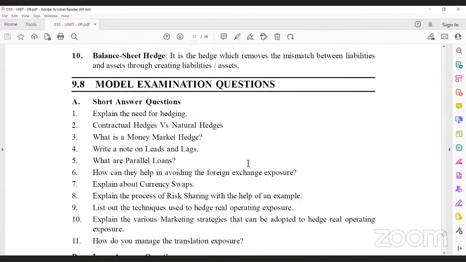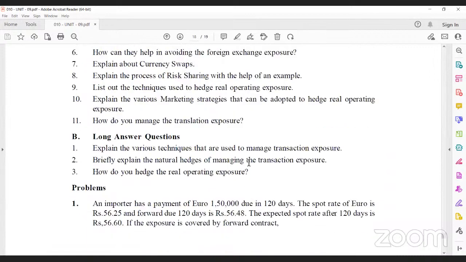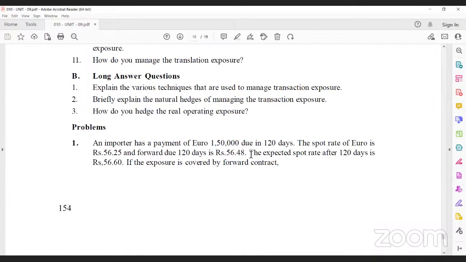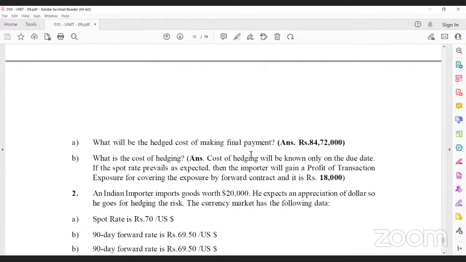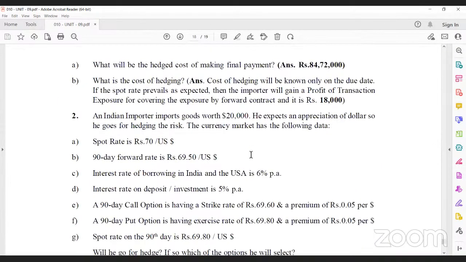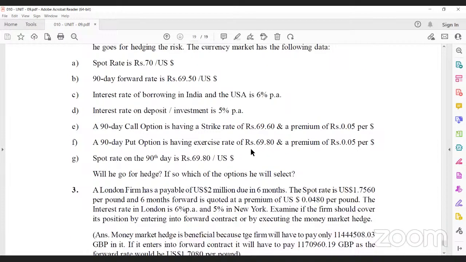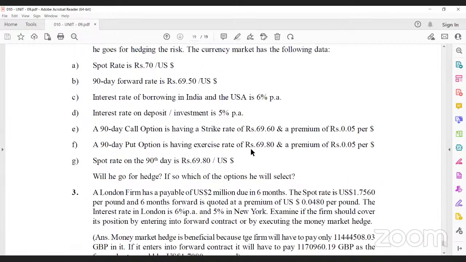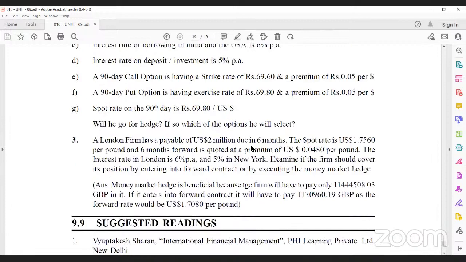For short: the various hedging, money market, forward markets, leads, lags, parallel loans, currency swaps, techniques, risk sharing, strategies, translations, etc. Then followed by focus on learning for long on hedging of real operating exposure, managing techniques. Then in the same line, as in the case of illustrations, there are a few problems which you can solve and give decisions.